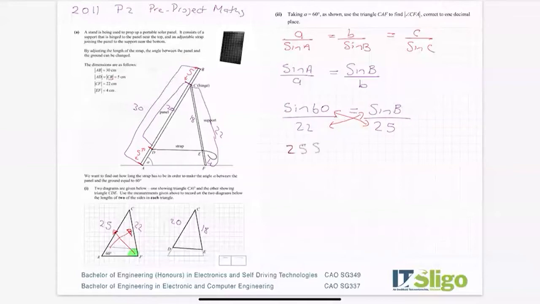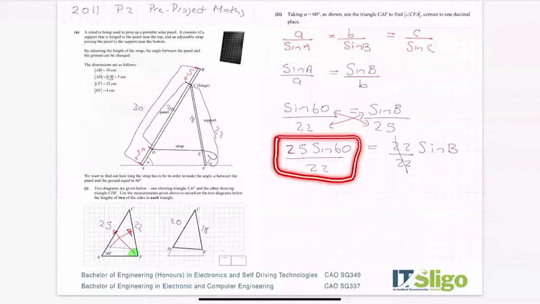So 25 sine 60 is equal to 22 sine B. I'm going to divide across by 22 because I'm trying to solve for B, so I'm getting B as much on its own as I can. And then I'd like to put this into the calculator. Our angle here is in degrees, so just double check that your calculator is in degree mode because it could be in degrees or radians.